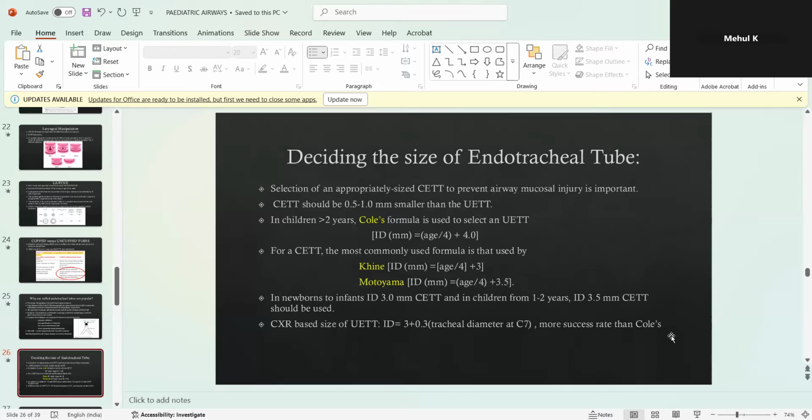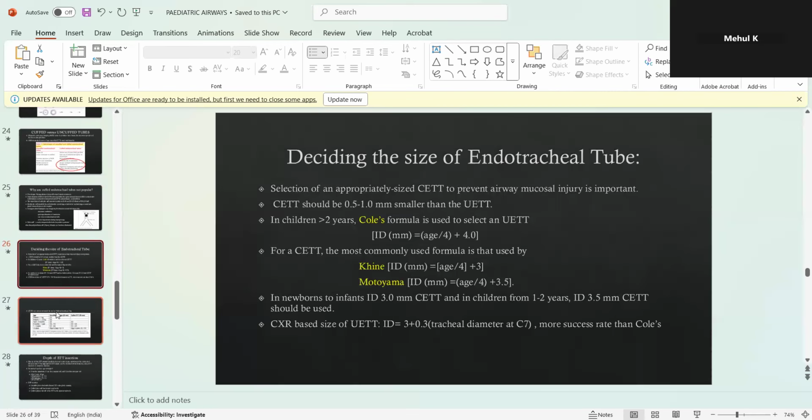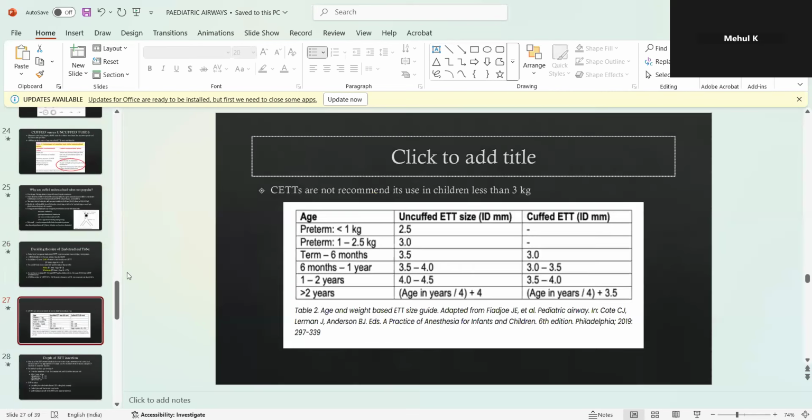This has a higher success rate than Cole's in choosing an appropriate size of uncuffed ETT. So, many formulas, but if you need a quick look at what tube size to go for, you can always have reference tables.